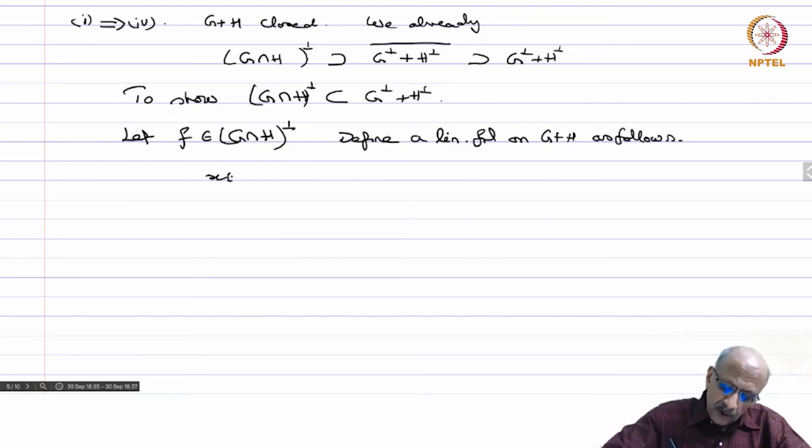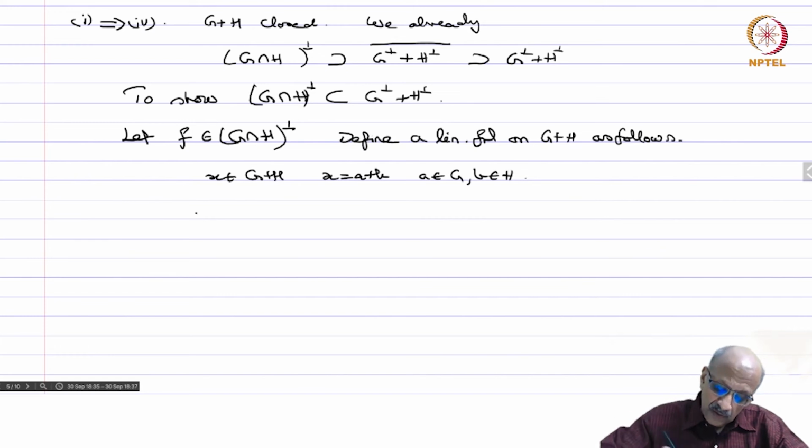So x belongs to G plus H. So x can be written as a plus b, a in G, b in H. So define phi of x equals f of a.